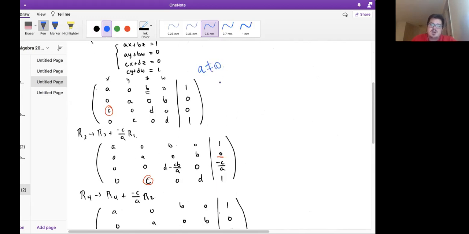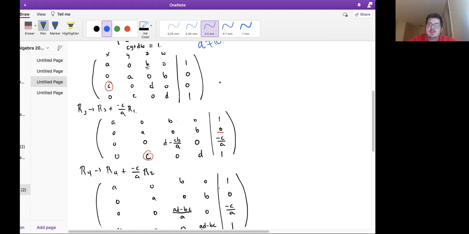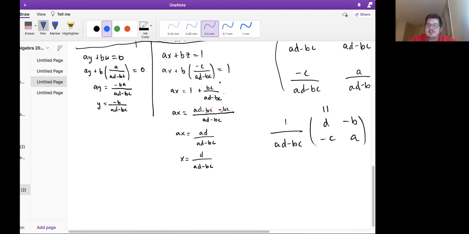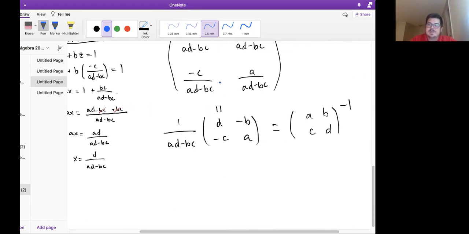What would you do if A was equal to 0 in our first step here? Then you would row swap and continue. You'll find you get the same formula, but you would have negative BC instead. So you should do that to verify.